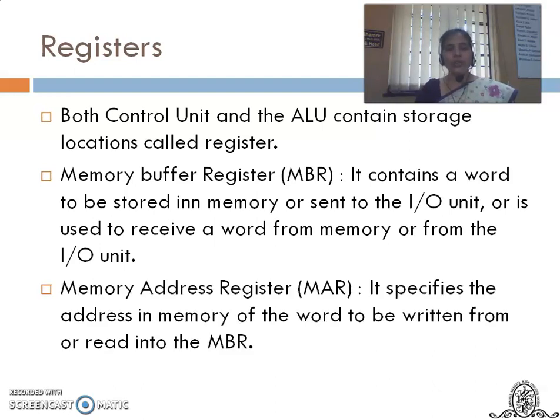Then we have a memory address register. It specifies the address in the memory of the word which is to be written from or read into the memory buffer register. So if we want to transfer a certain data into the main memory, what is the location where we want to transfer this data? This location would be stored in the memory address register.